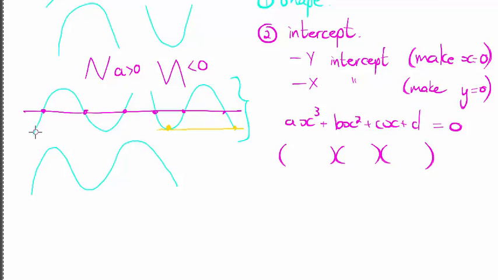If it cuts only once, it's when I cut below. In other words, my turning points are both on the same side of the x-axis. So for example, here's my x-axis and there's my turning point, and my other turning point turns before it gets back to the x-axis. Then I only have one intercept.